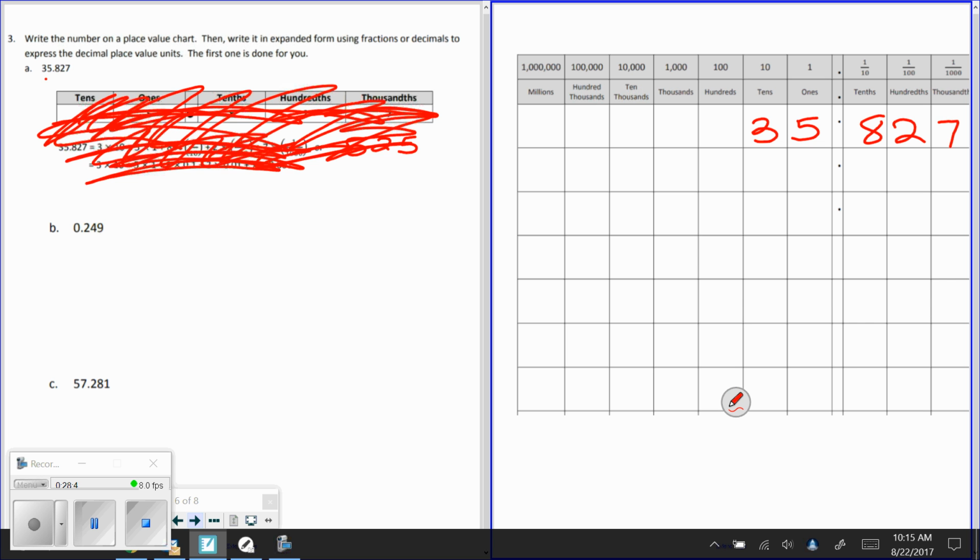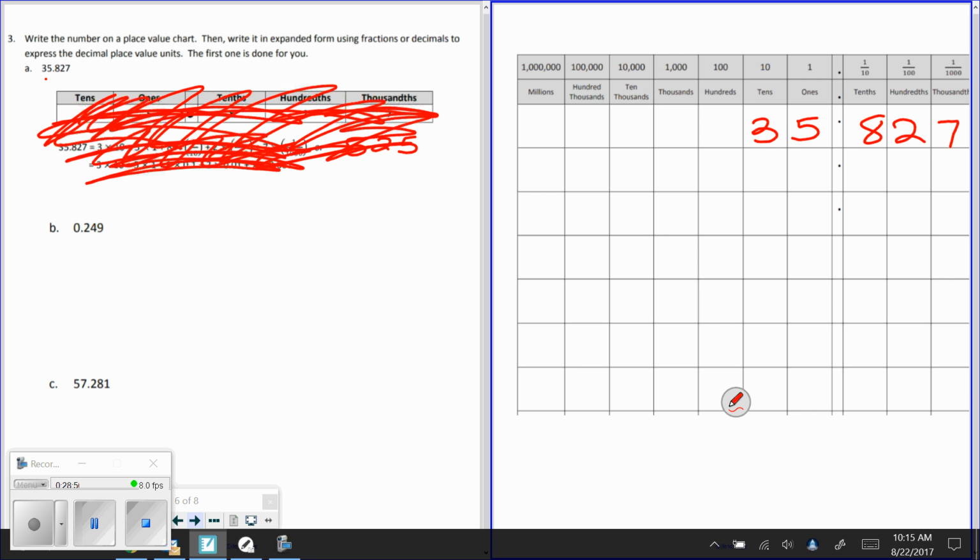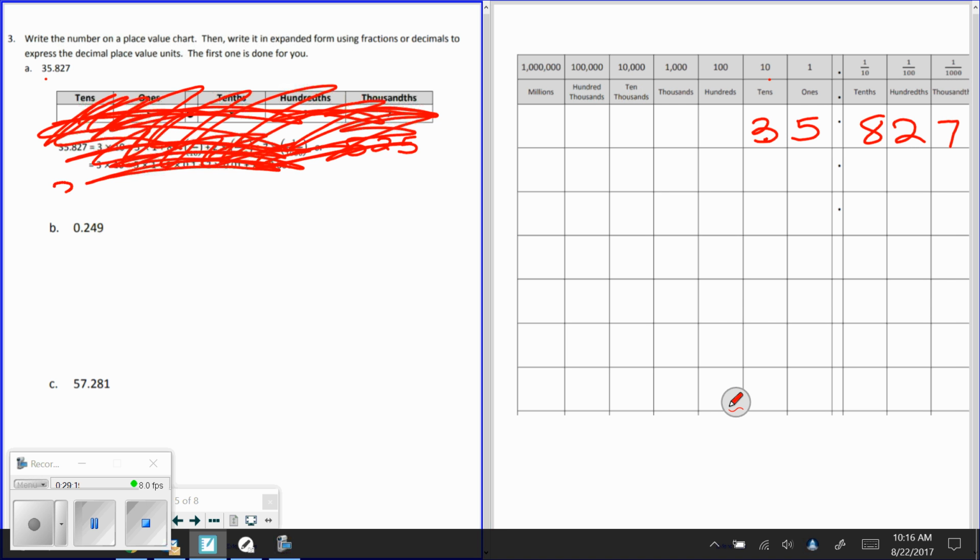Where before, you would just do 30 plus 5. Now we're breaking it down further. All you have to do is look at this and see how many copies of each place value you have. So I'm going to do 3 copies of what place value? 10.